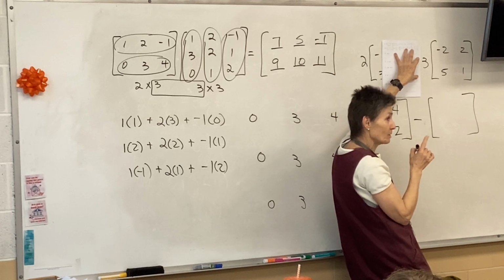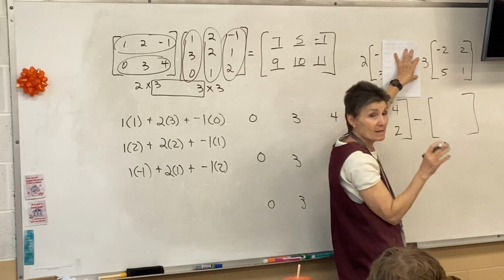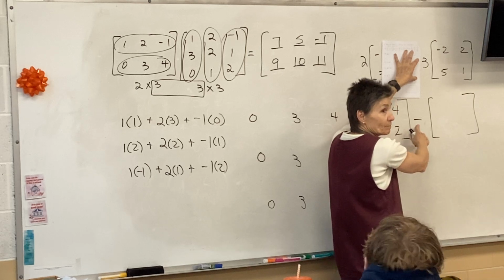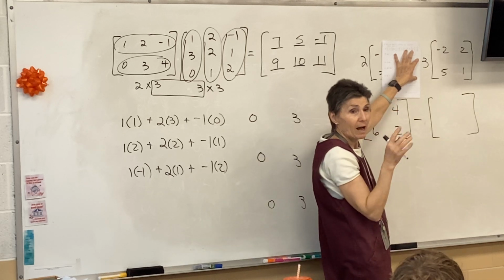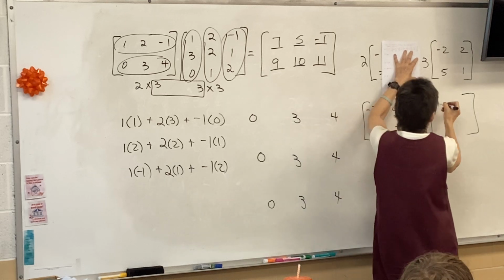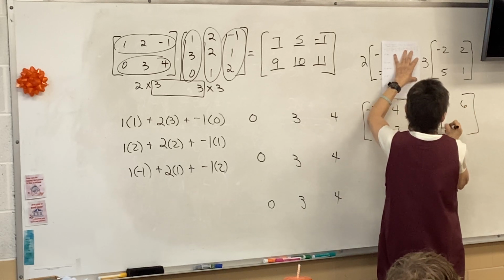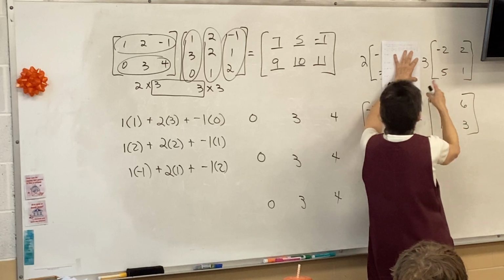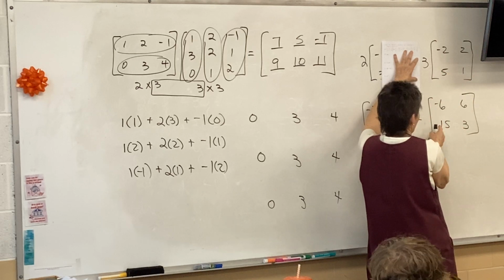If you want to multiply by -3, that's okay, but then that becomes a plus. So you have to decide, doesn't matter. I'm going to leave it a minus, and I'm going to times by 3. So I have -6, 6, 15, and 3. So I multiplied this matrix, C, by 3.